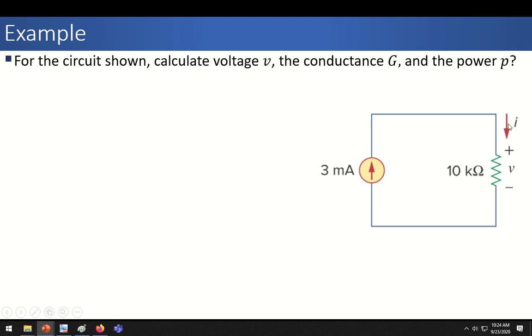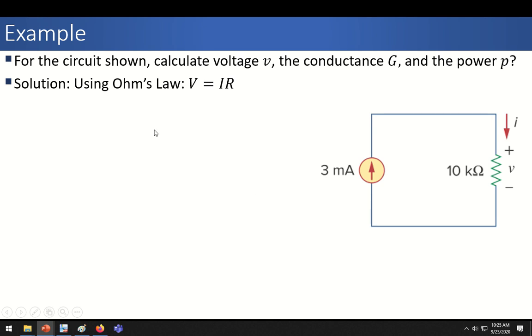There is only one path that it can follow, flowing through the resistance. It goes from this terminal up to this point, and then again the current is provided as 3 milliampere. So the current in this 10 kilo ohm resistance is still 3 milliampere.